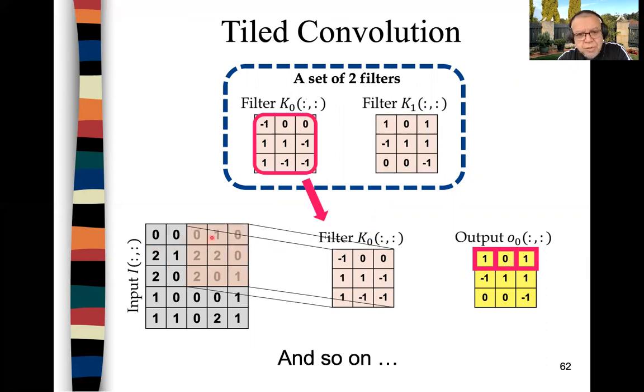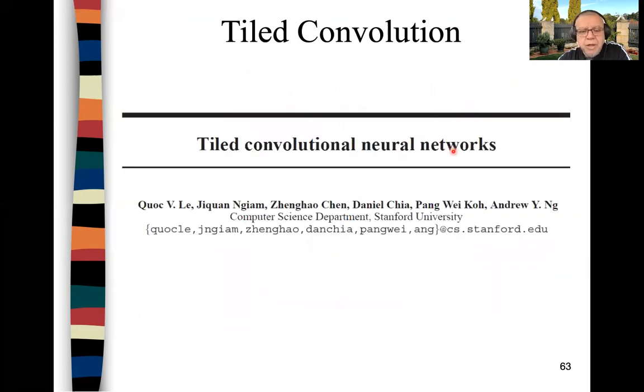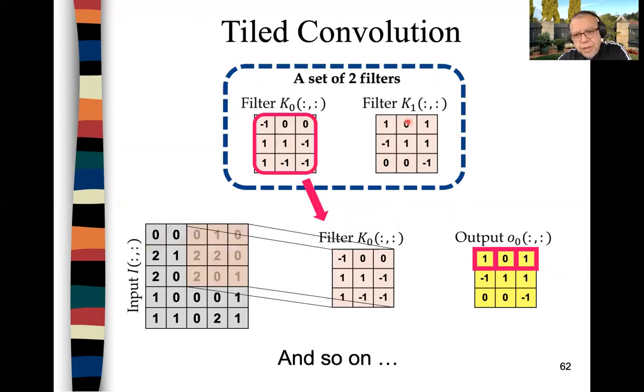Because we're cycling, we move back to the K0 filter, get the output pixel, then move again to filter K1, and we keep tiling. We keep jumping from one filter to another.